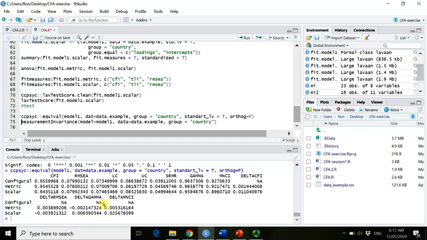If we look at the change between the metric and the scalar model here, what you can see, the gamma is pretty good, but the non-centrality index there is not so good. The cutoff value here is 0.02, and I would actually say, based on all this evidence, we don't quite have full score or scalar equivalence here, right?